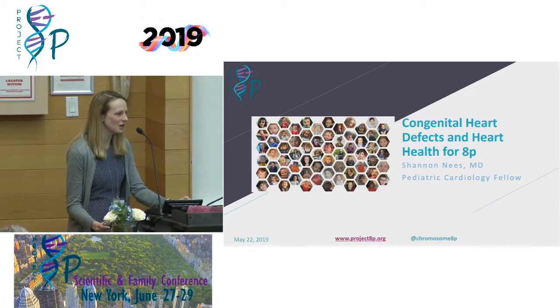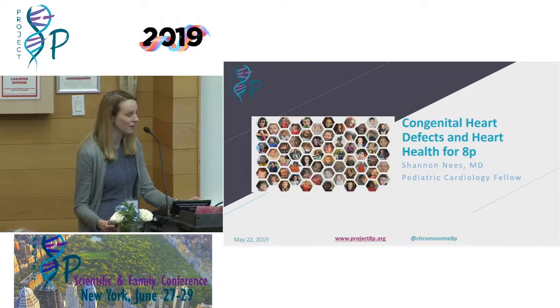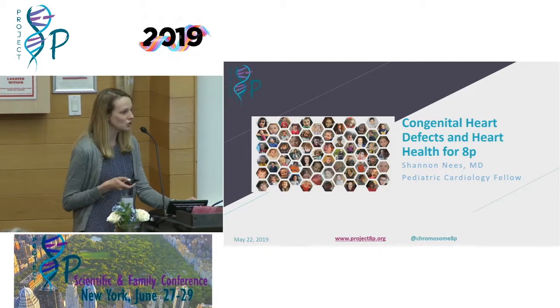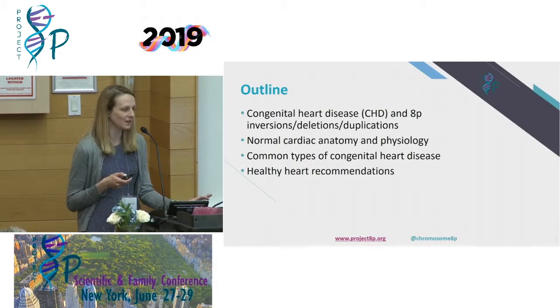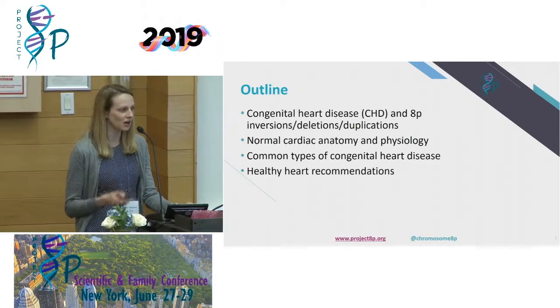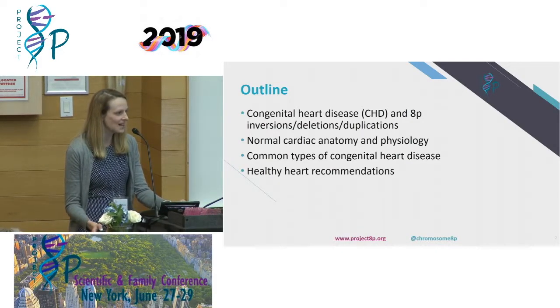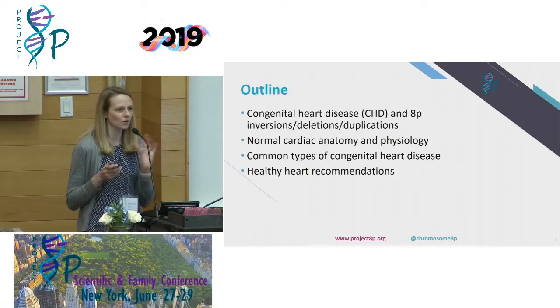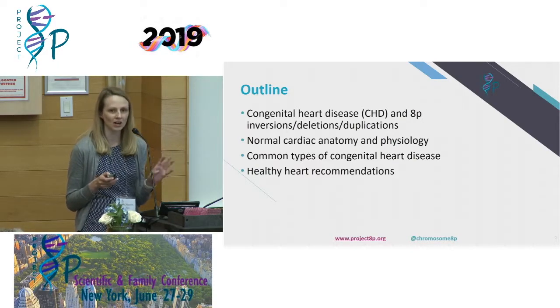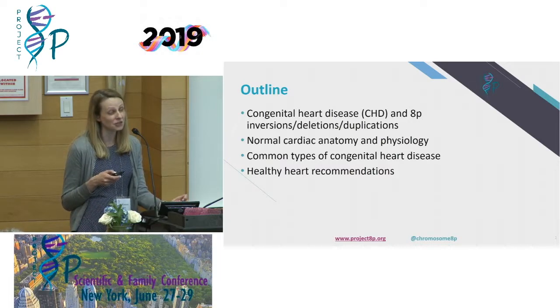So I'm going to talk about congenital heart defects and heart health for 8P. First, I'm going to go through a little bit of the knowledge that we have about congenital heart disease in 8P patients. Then I'm going to go over a very quick tutorial of normal cardiac anatomy and physiology, and then go through some of the specific types of congenital heart disease that we see most frequently in 8P.